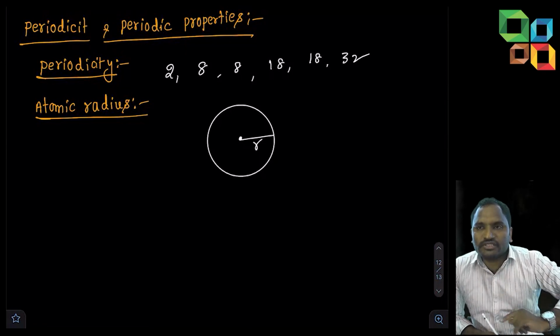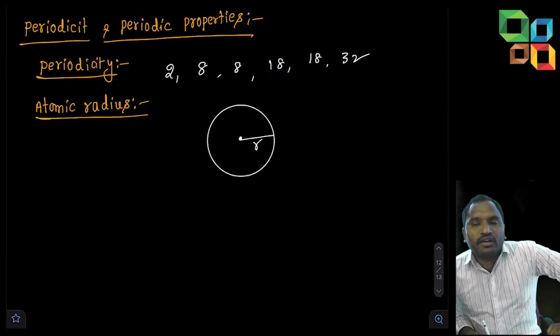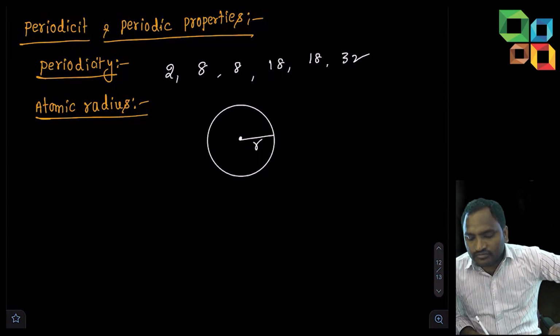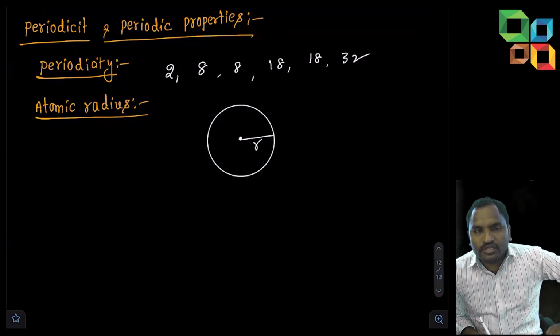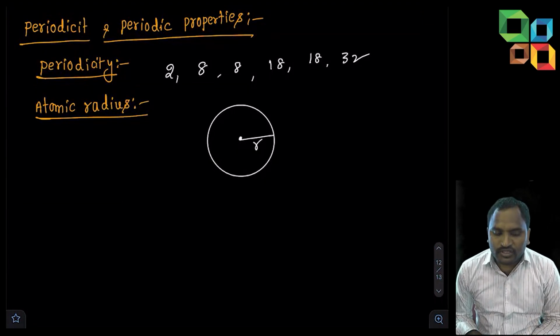Since we are considering the atom a circular shape, the radius will be like this. It is the distance between the center of the nucleus to the outermost shell, where the electrons are present.